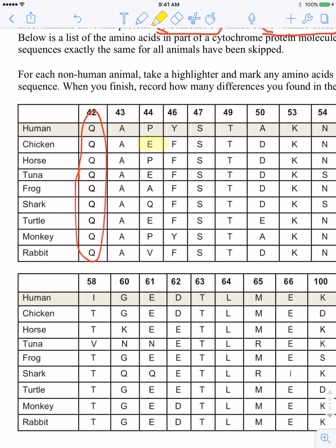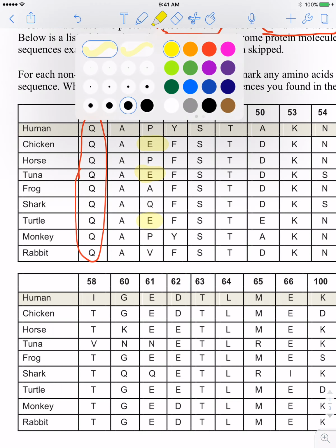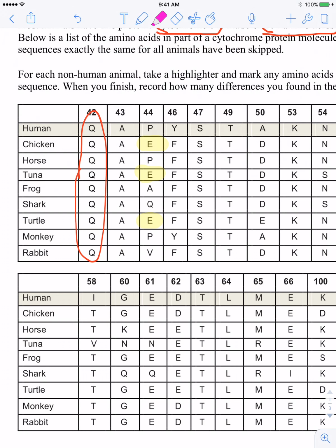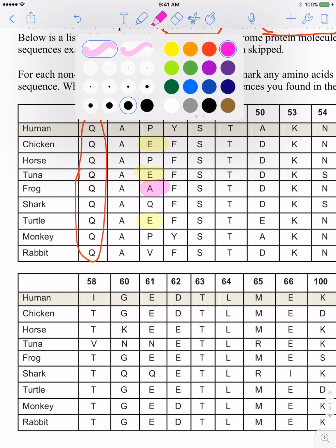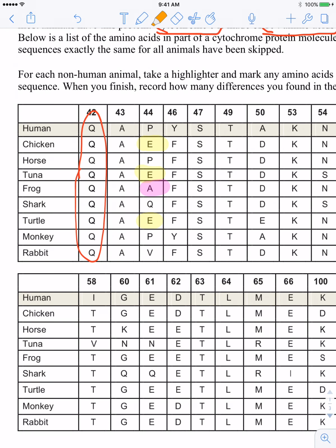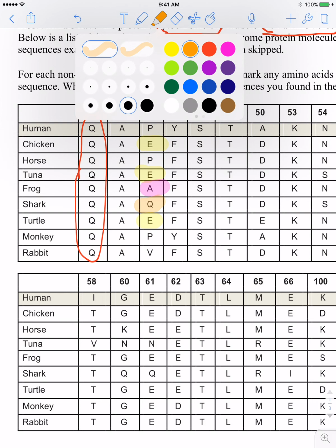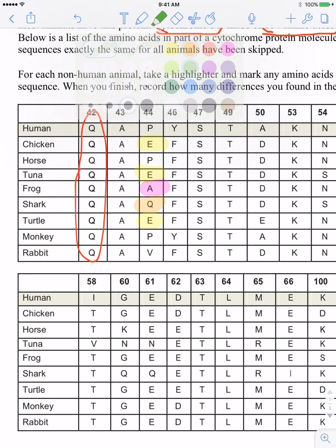Horse is just like us because it has a P, but the tuna, like the chicken, has an E, and the turtle has an E. And then what I'm going to do here is pick a different color to highlight anything that's not P, but also not E. So the frog has an A instead of a P, and the shark has a Q, and the rabbit has a V. And so then we're going to go to number 46.